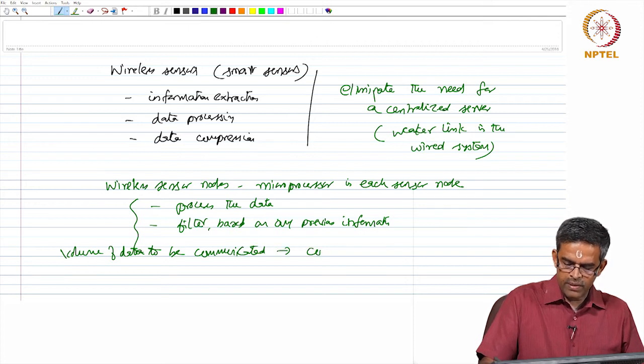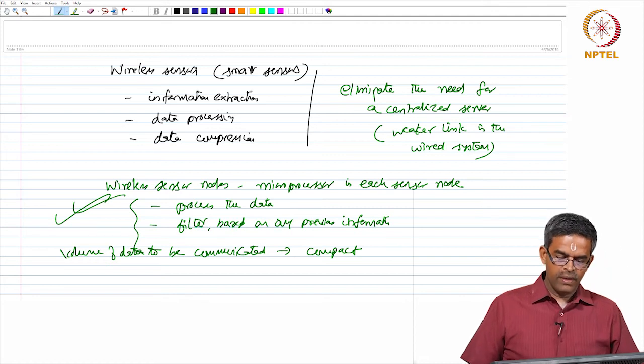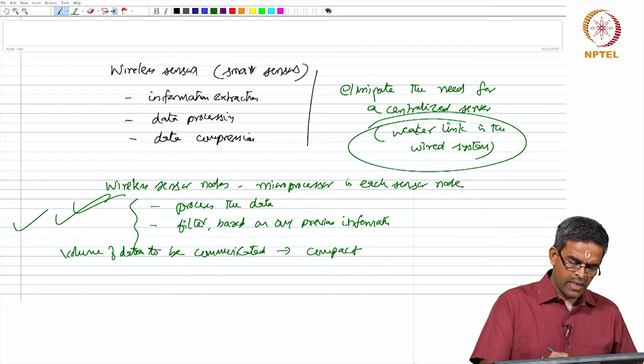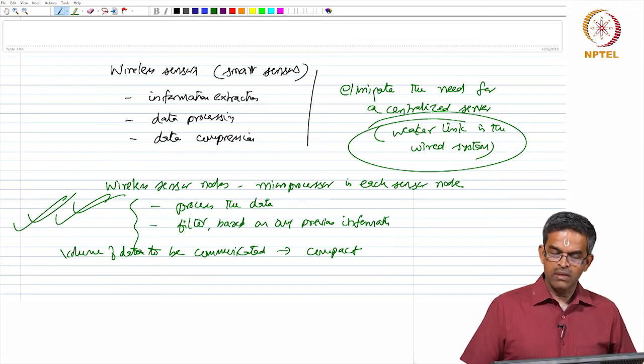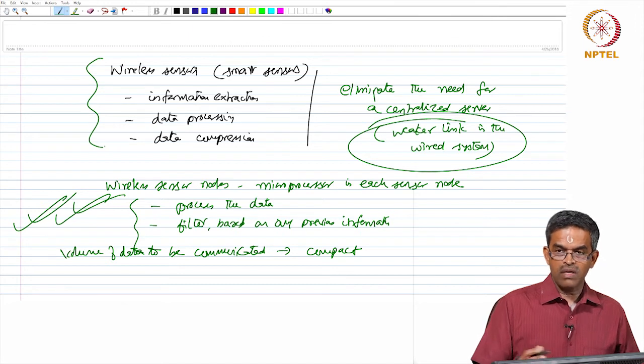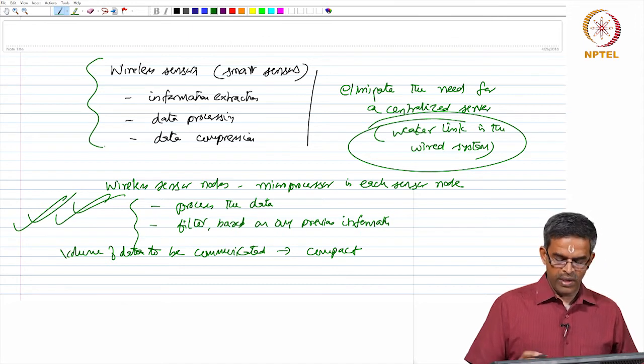Becomes compact. So, one can say that is the next advantage we have. It eliminated the weaker link, it made the data transformation very compact, it has lot of information which were not otherwise provided by the wired sensors.